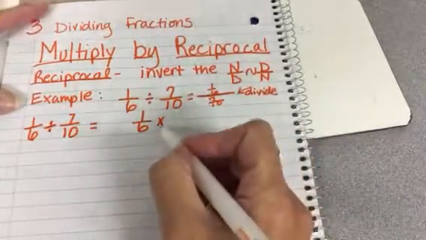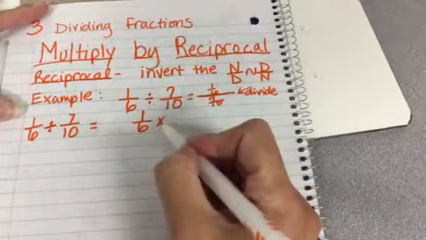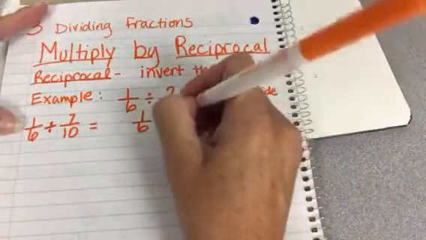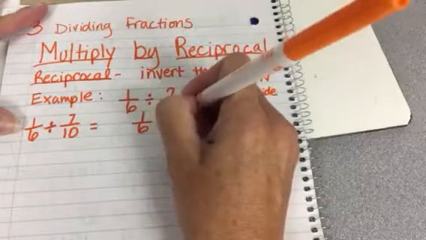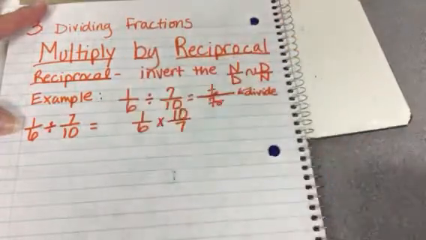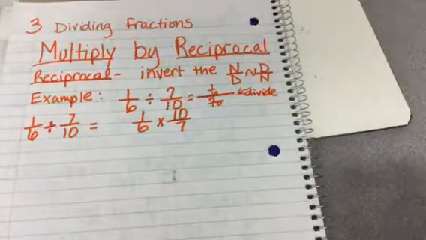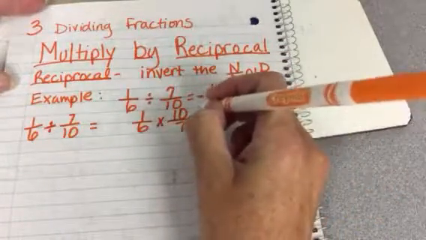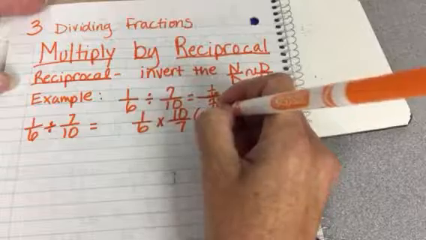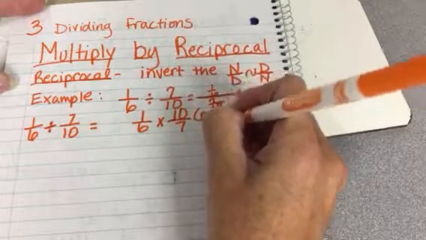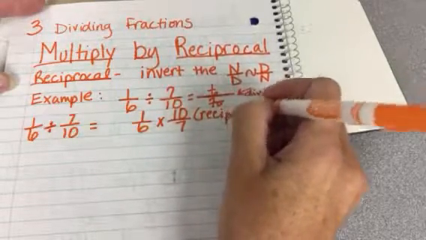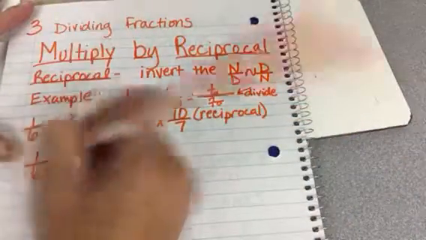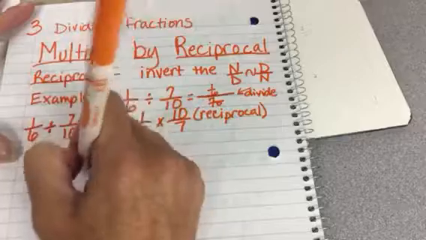But when you divide a fraction, you actually are multiplying by the reciprocal. So that means I'm going to put the 10 over the 7. Okay? So this is our multiply. This is our reciprocal. So here's our problem: 1/6 times 10 over 7.